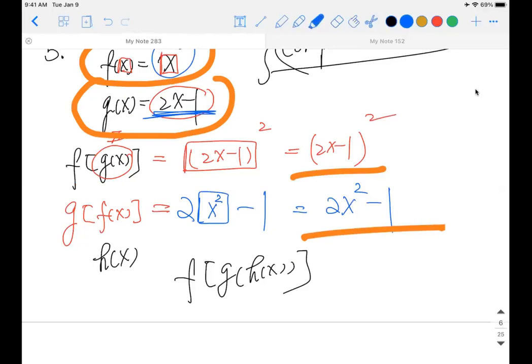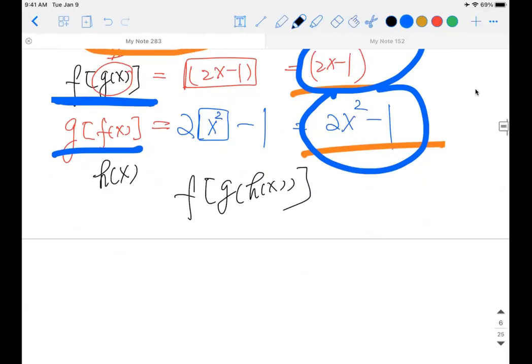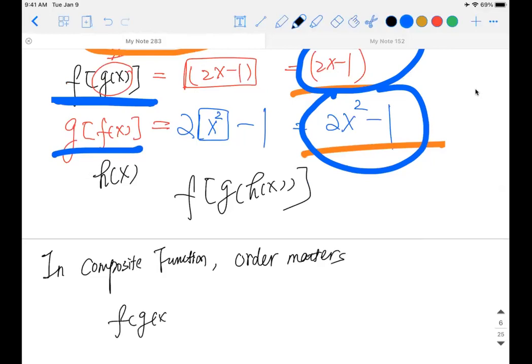All right. A quick side note: you see, f(g(x)) and g(f(x)) are equal to different things. So in composite functions, order matters. f(g(x)), normally speaking, does not equal g(f(x)).